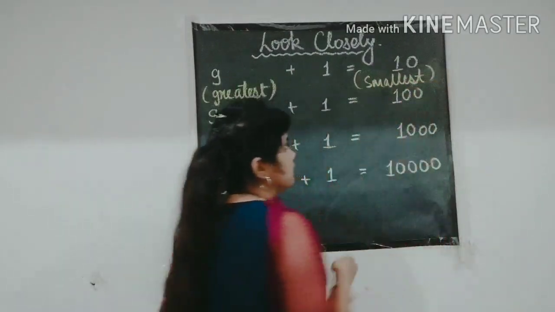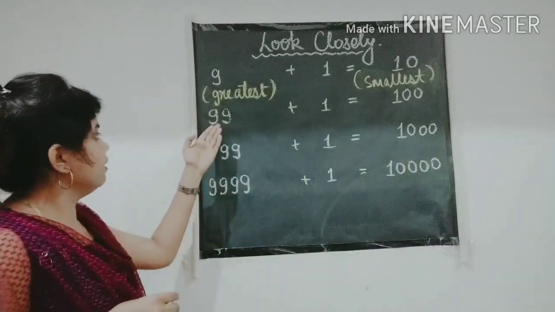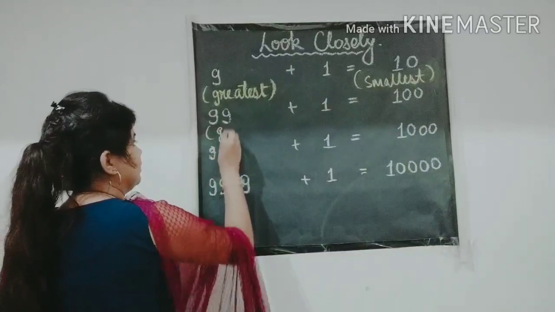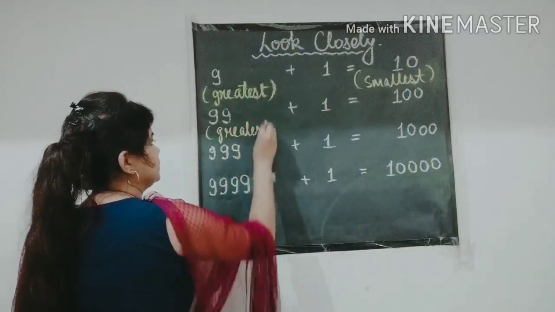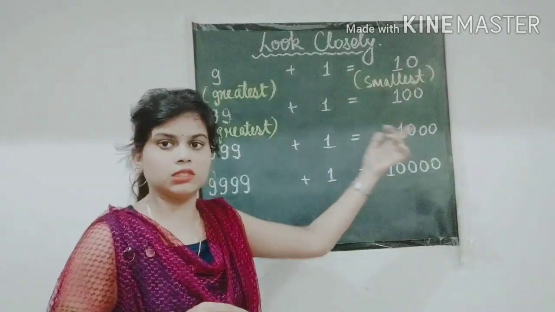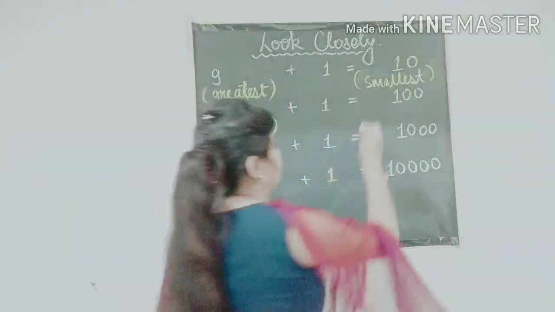Now 99 is the greatest two digit number, and when we add 1 to it we get 100, which is the smallest three digit number.